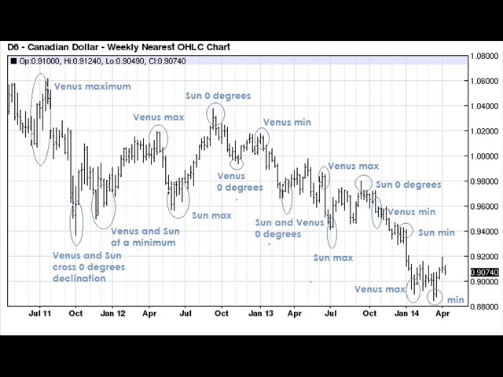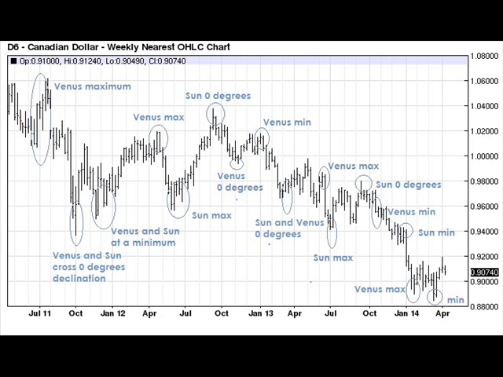Now let's zoom in a little closer and look at a shorter time frame. The chart you're looking at this time is a weekly nearest chart of Canadian dollar futures, and what I've overlaid on this chart are what I call declination events. For those of you that have been following my blogs and my various other writings, or perhaps have bought my books, you'll know that I do talk a lot about declination.